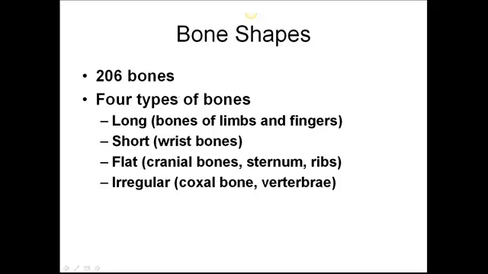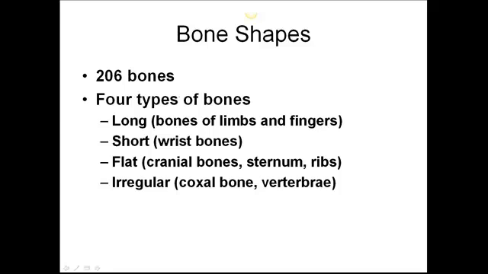Then we're going to talk about bone shapes a little bit. We have 206 bones in the body, and anatomists do what they do. They have to classify everything. So the classifications are long bones, short bones, flat bones, and irregular bones. The irregular bones are the coxal bones, the sacrum, the vertebrae.